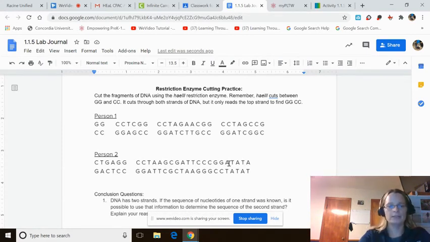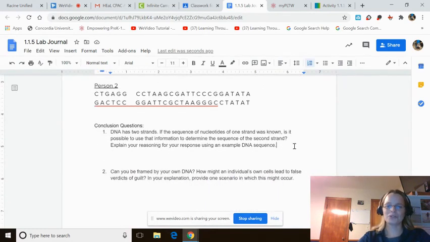Because remember, the top strand gets read from left to right like a book. So if that's not GGCC on the top strand, it's not going to cut. So that's all person 2 gets, 1, 2 fragments. So you can recognize person 1 from person 2 because person 1 has 4 fragments. Person 2 only has 2.